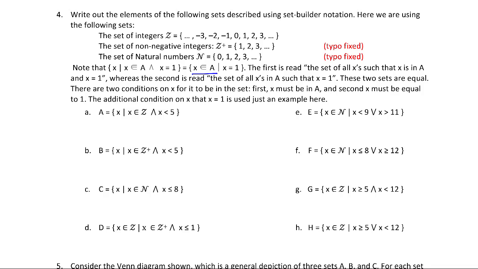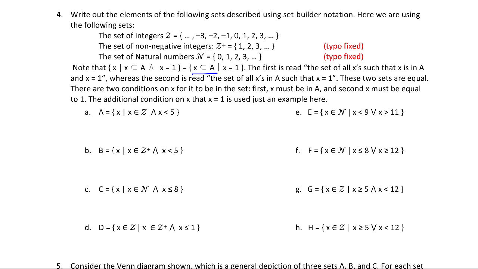Let's do part A. The set A is all those x's such that, and you should know how to read this, the set of all x's such that x is an integer, an element of the integers, and x is less than 5.